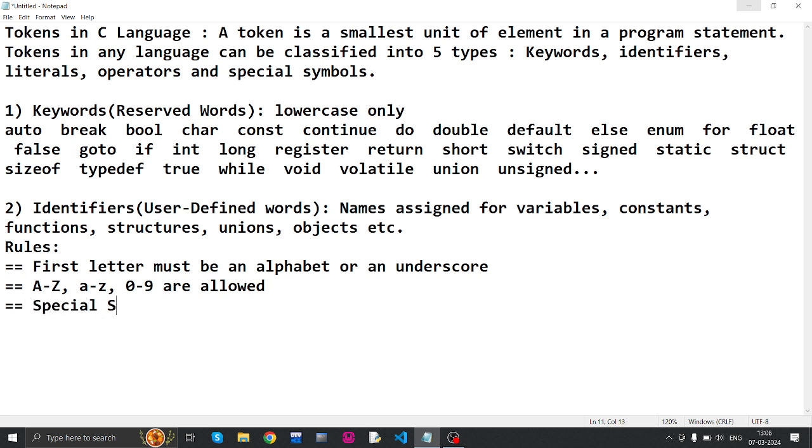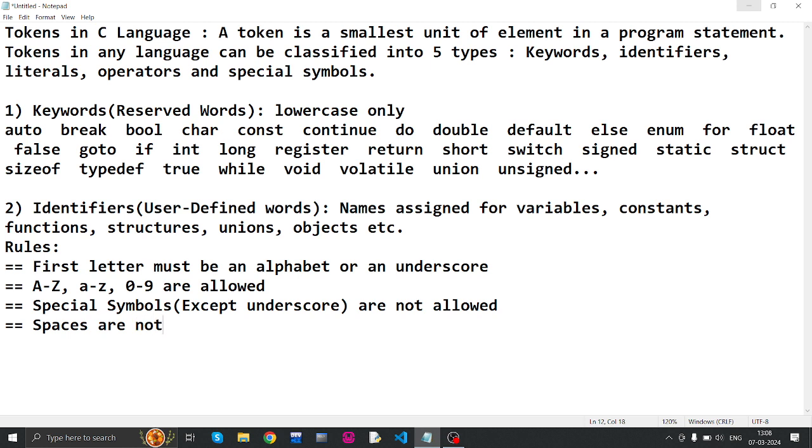Coming to special symbols, except the underscore, no other symbol is allowed. Special symbols are not allowed. Similarly, spaces are not allowed. This is one more rule. Generally, while doing some mathematical processing, I can write like total marks equals m1 plus m2 plus m3.